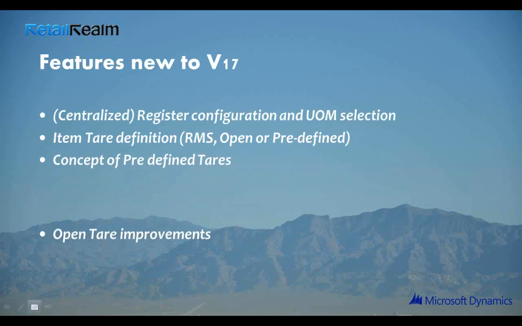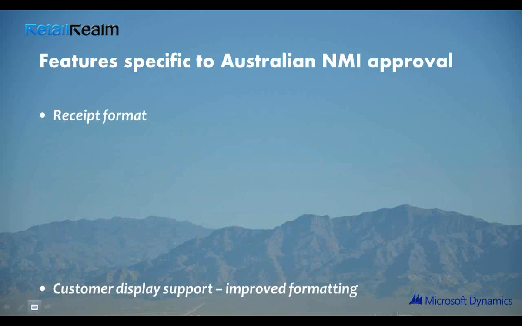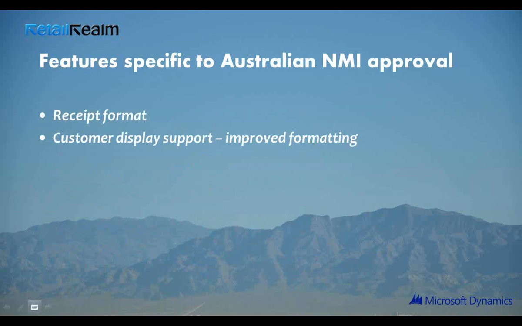We've also gained the approval of the Australian National Weights and Measures Institute, and in doing so we've made some generic receipt format improvements. We've improved the customer display support. Previously when you were showing weighed items on a pole display, the formatting was often a little bit out, especially when dealing with large numbers or quantities or dollar values. So we've made some drastic improvements to tidy that up.